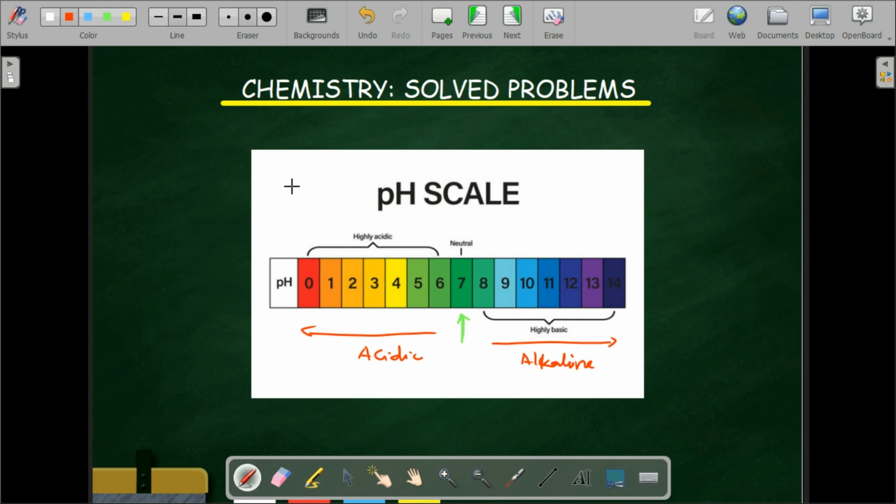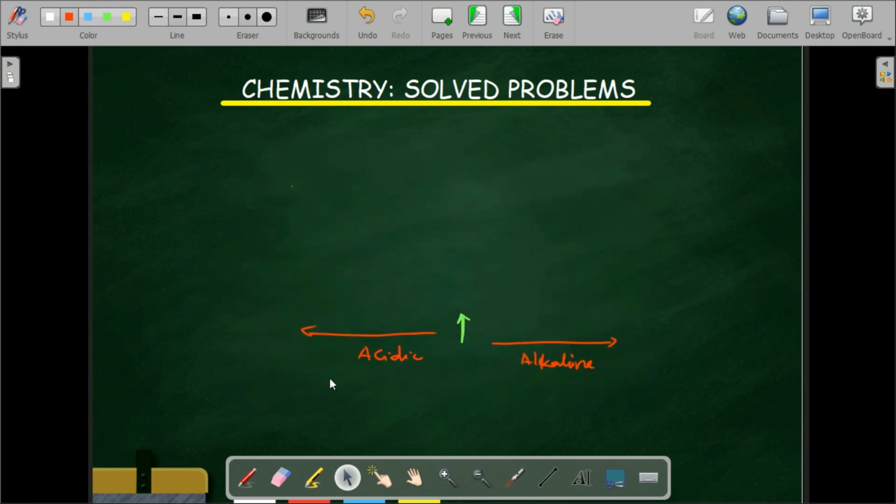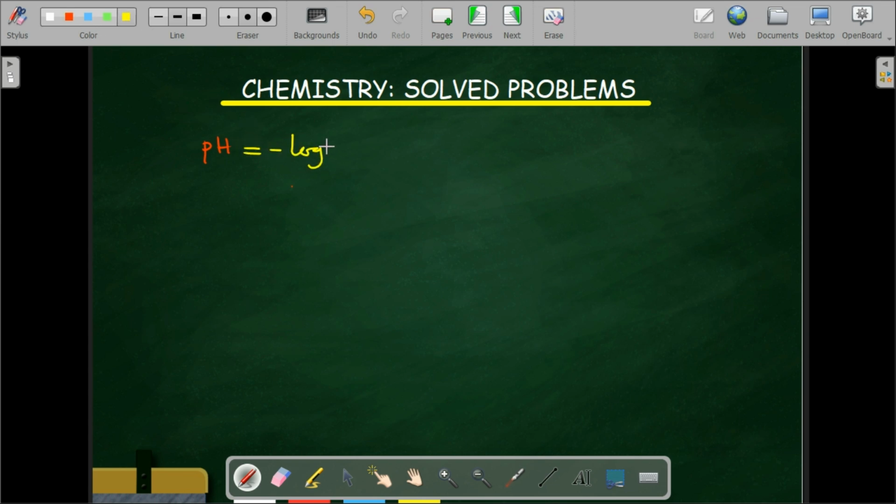Okay, let's take this. So the pH of a substance is equal to the negative logarithm of the concentration of hydrogen.